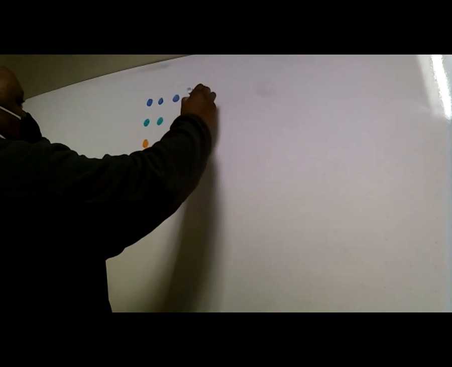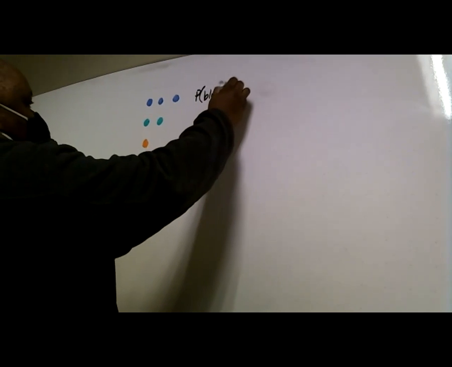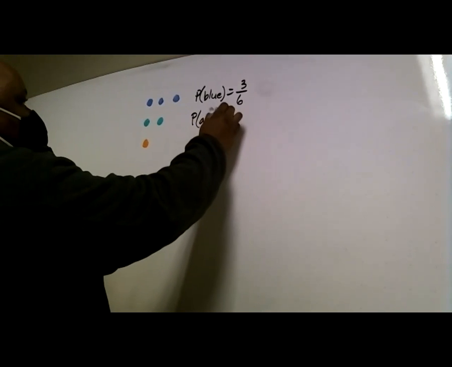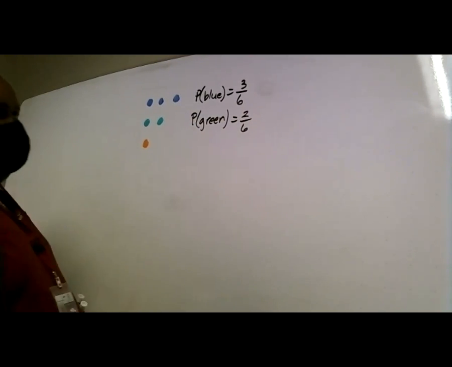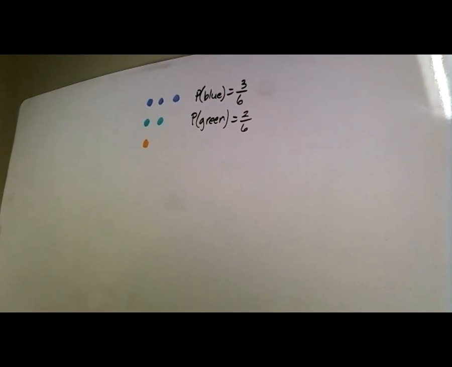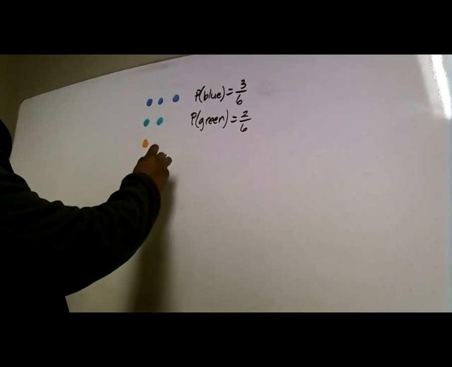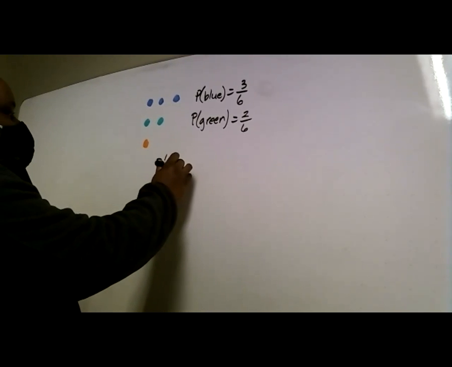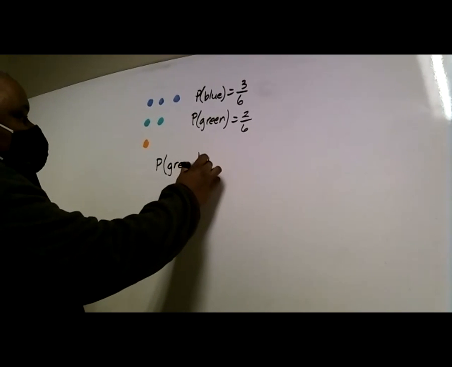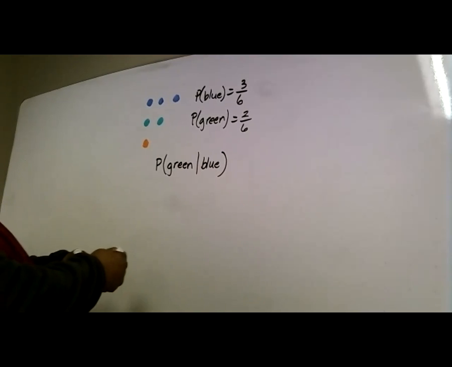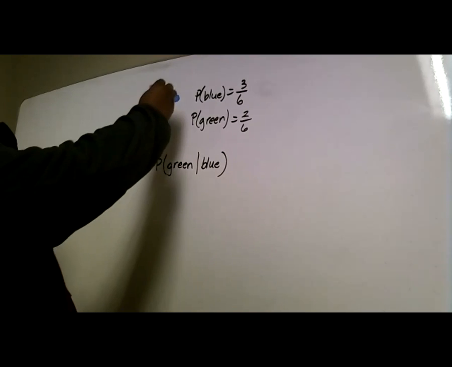The probability of drawing a blue marble was 3 out of 6, and the probability of drawing a green marble was 2 out of 6. Now we're given that a blue marble is already drawn out.